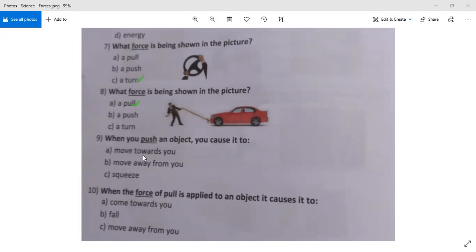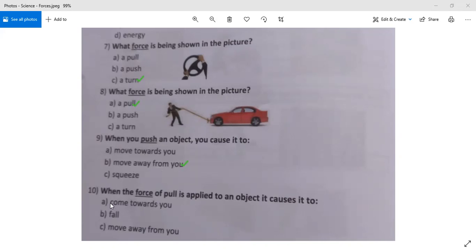Move towards you, move away from you, squeeze. So when you push an object, what do you cause it to do? Do you cause it to squeeze, to move away from you, or move towards you? Very good if you said move away from you. When you push something, you send it away from you.